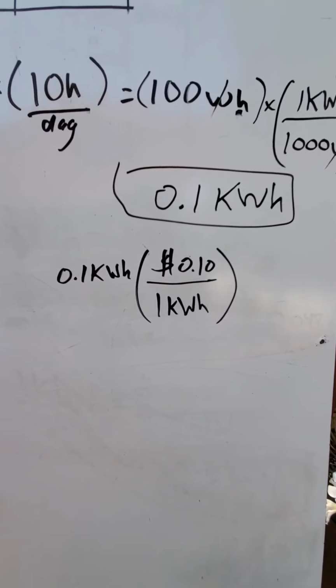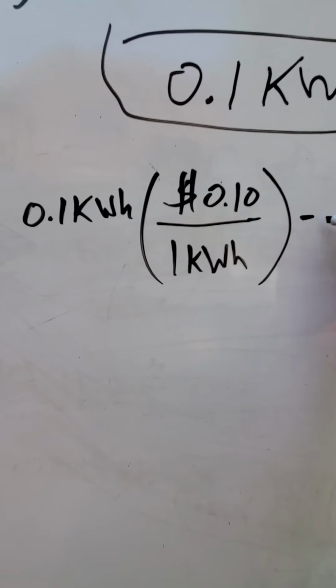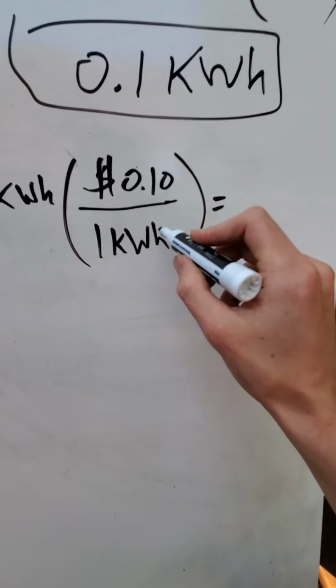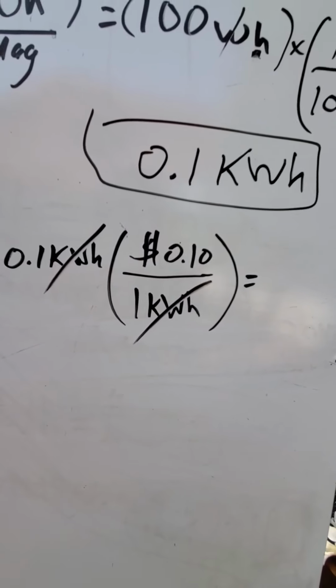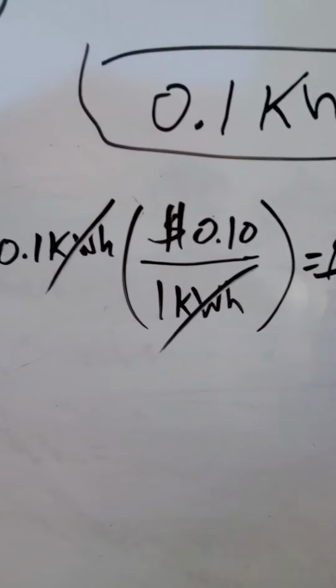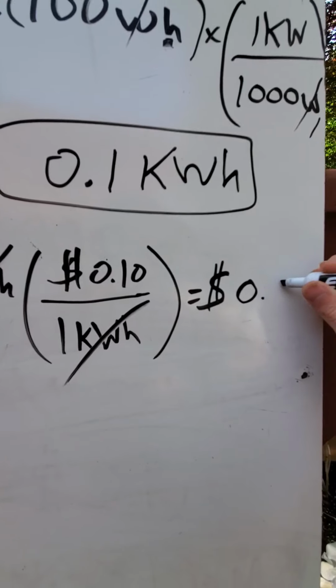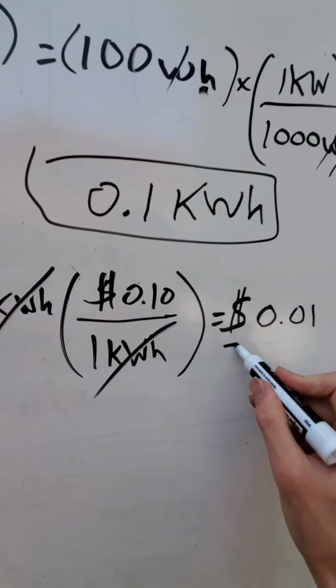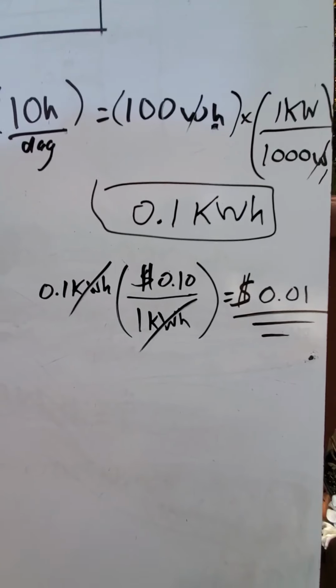So when we run this quick calculation, our kilowatt hours are going to cancel out, and we're going to be left with dollars. When we multiply 0.1 by 0.1, that gives us 0.01. So this is our cost per day, which is 1 cent every day.